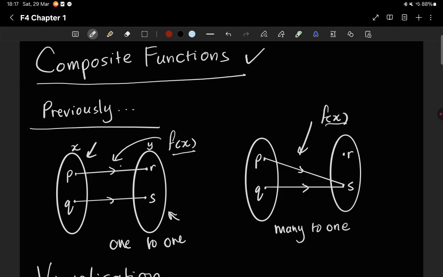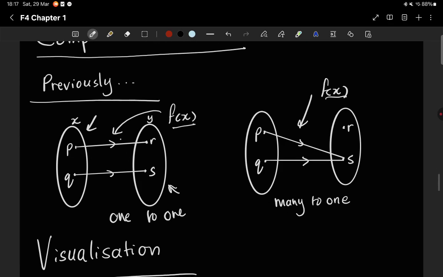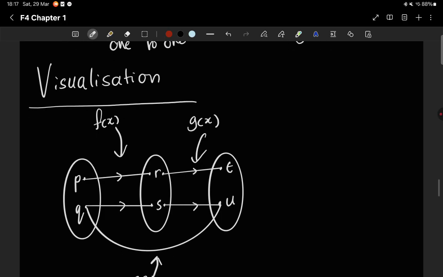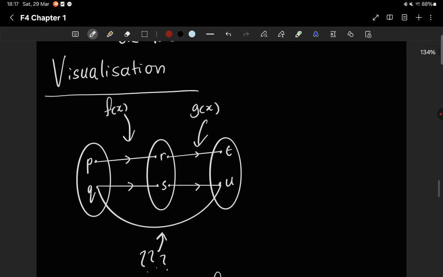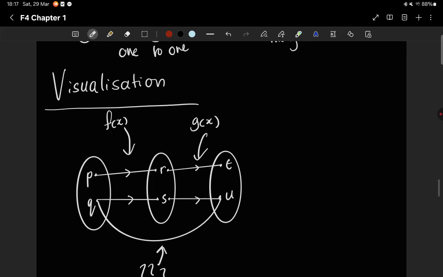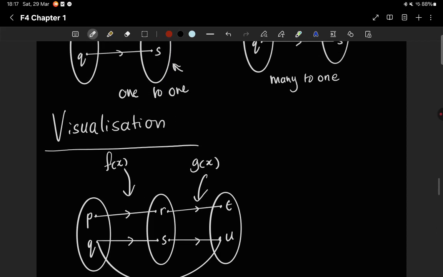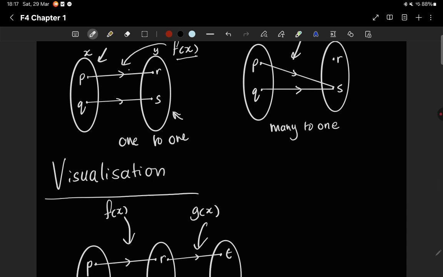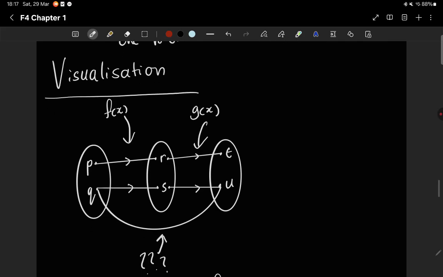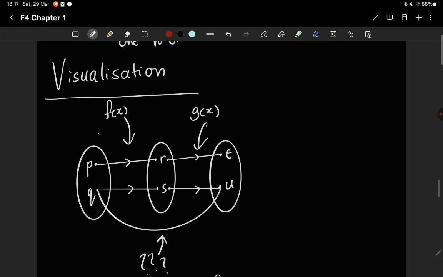And to visualize what composite functions are, here's a little rough drawing that I've made. We're most familiar with the functions where they connect just two different sets. But in this drawing, we are given not two, but 1, 2, and 3 sets.